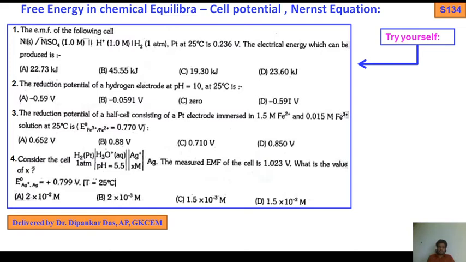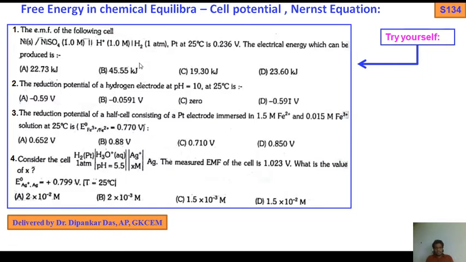If gas is involved, then you should write platinum. At 25 degrees centigrade, 0.236 volt, the electrical energy which can be produced, we have to find out. Try yourself, a little bit tough, but no problem. If you follow these video lectures and the notes, you can easily solve this problem.